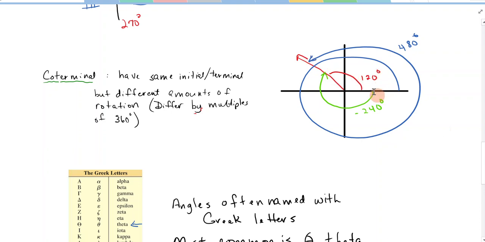If I started here, but I went backwards in the negative direction, I've gone 240 degrees and I end up at the same place, but that one's negative. Also, if I start at the same place as the 120 and I go all the way around and then more, so that I've gone 480 degrees and I still end up on this red line, those are coterminal angles.